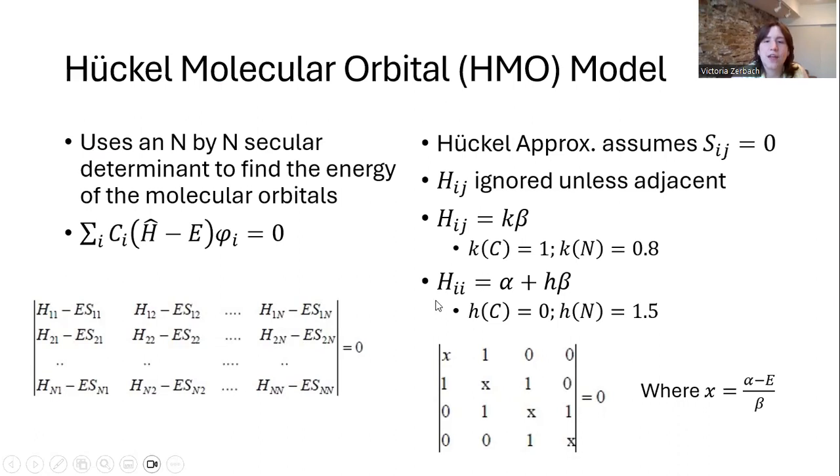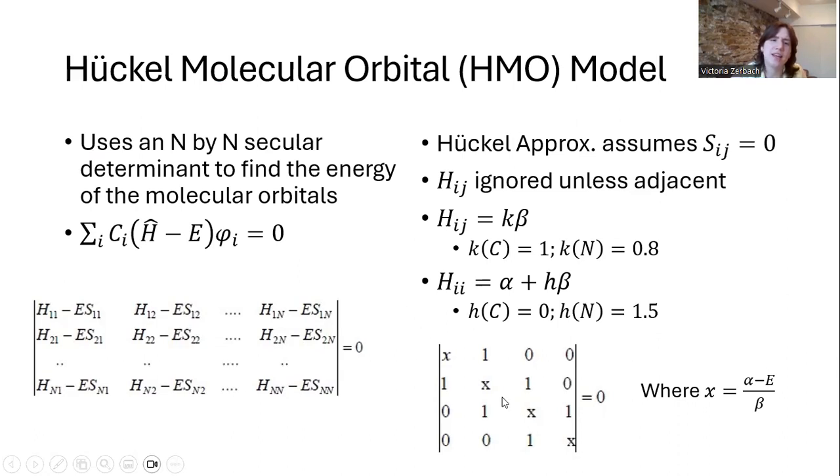And then for on the same atom, it is equal to alpha for carbon and equal to alpha plus h beta for nitrogen, where h is equal to 1.5, and beta is a unit of energy.